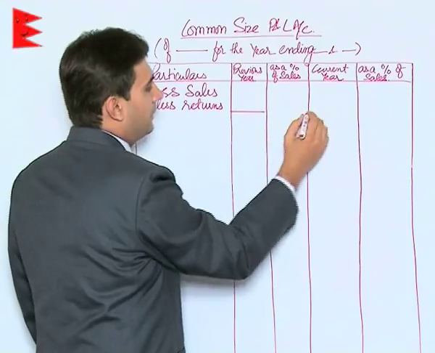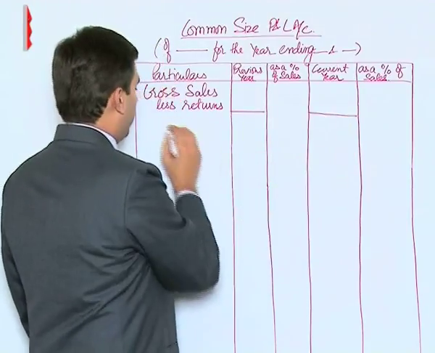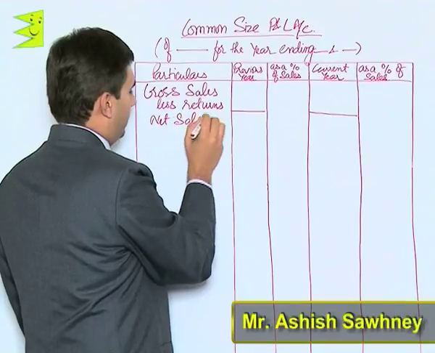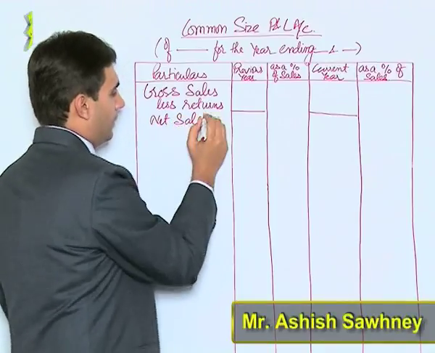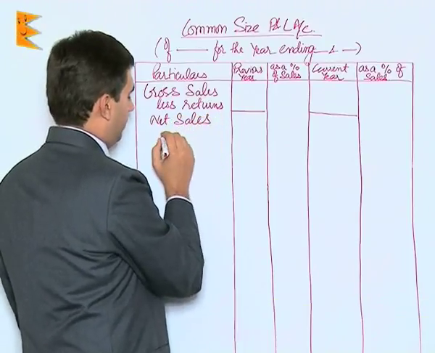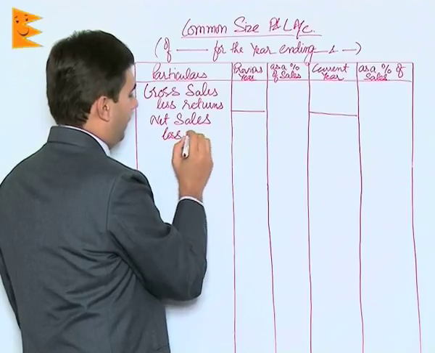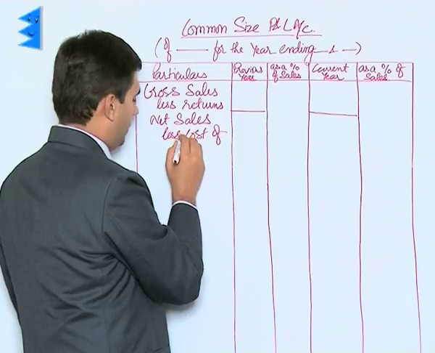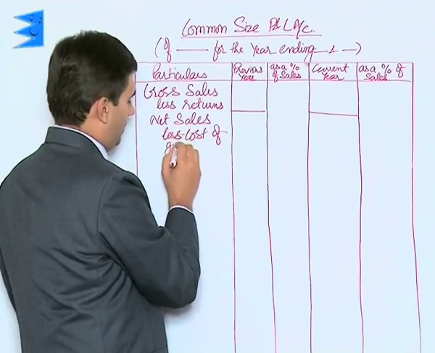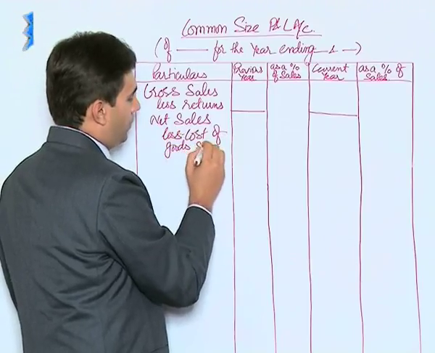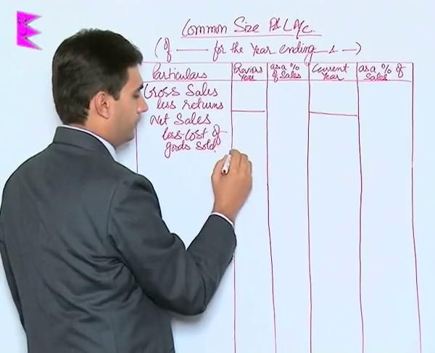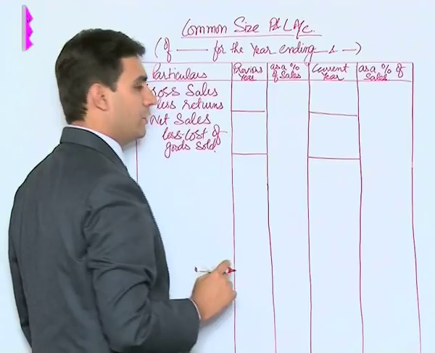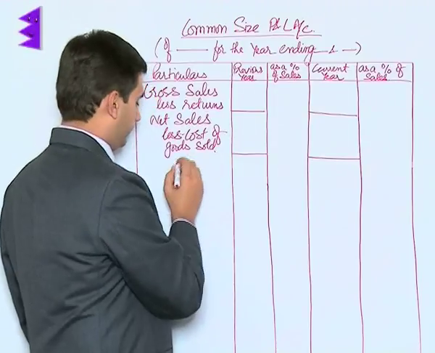On subtracting these two figures, we will get net sales, less cost of goods sold.